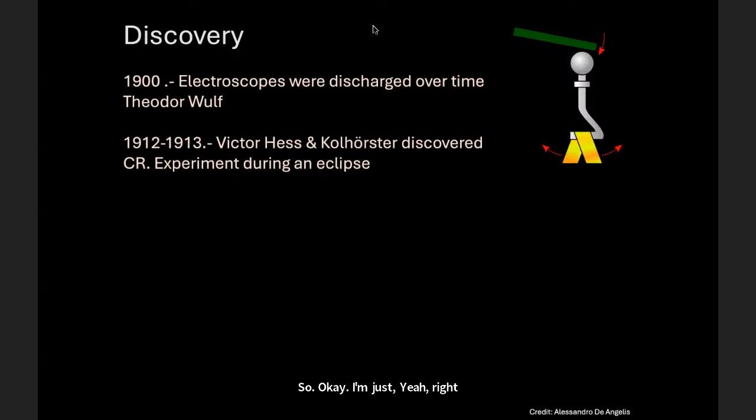When you put some electric charge here, the charge goes to these foils, and because they have the same charge, they repel. So the distance they separate depends on the amount of charge they have. They used this to measure the amount of charge in the past. But what they started to observe is that even though this was in vacuum, the electroscope was discharging. So the question was why and how. People were thinking that maybe some particles were getting into the electroscope and discharging it.